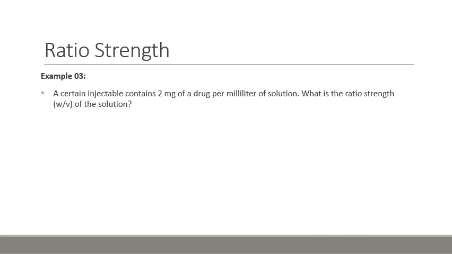Though our solution is mentioned in milliliter, the quantity of the drug is mentioned in milligram. So firstly we will convert this quantity into grams. 2 milligram is equal to 0.002 grams of the drug. Now if we put these values into the formula of proportion, it will be 0.002 divided by 1 is equal to 1 upon x.